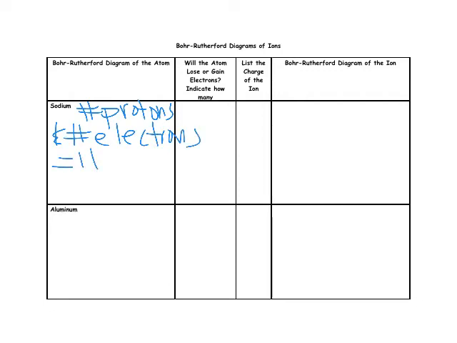The other thing that we'll need is the mass number. The mass number of sodium is 23. Now, remember, 23 is the number of protons plus neutrons. To figure out the number of neutrons, we simply subtract the atomic number. And that tells us that sodium has 12 neutrons. Now we're going to use this to draw our Bohr diagrams.